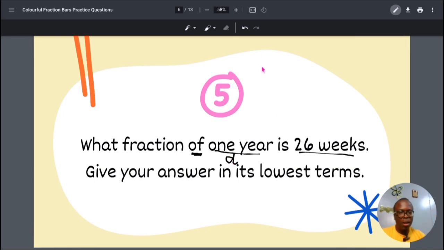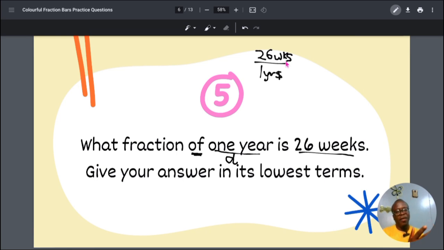So if I'm having a fraction like this, 1 year stays here, and right at the top I have 26 weeks. But there's a problem here: the numerator is in weeks as unit, and the denominator is in years as unit.